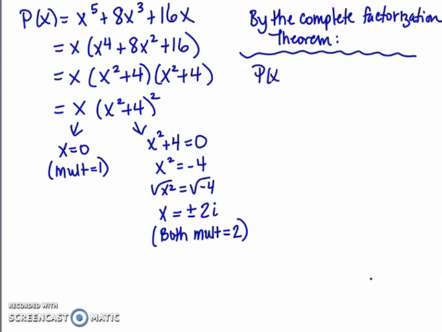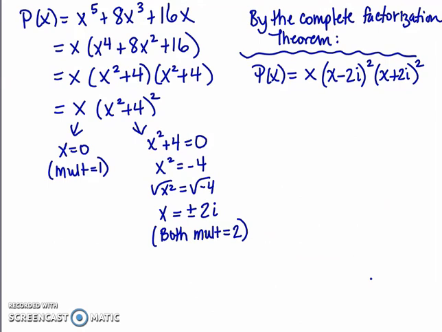So this would be p of x equal, we'd have that x on the outside, but then if our two solutions are positive 2i and negative 2i, we could write these factors as x minus 2i. That would be the factor that positive 2i comes from. And again, it's a solution twice, so it's squared. And then x plus 2i would be the factor that the solution negative 2i comes from. And again, that's going to be squared.